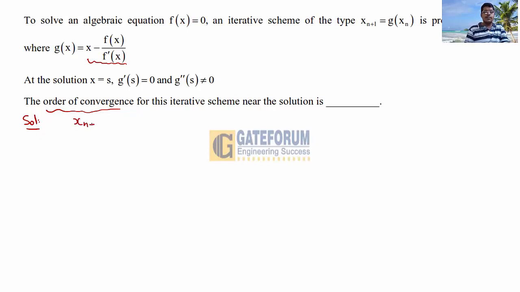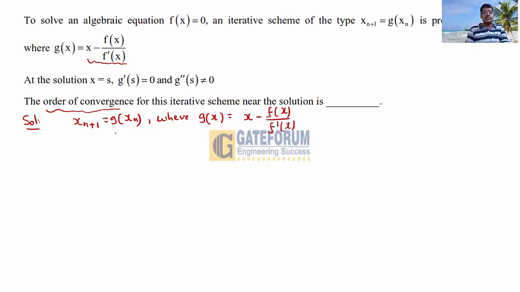x(n+1) is equal to g of xn, given g of x is x minus f of x divided by f dash x.